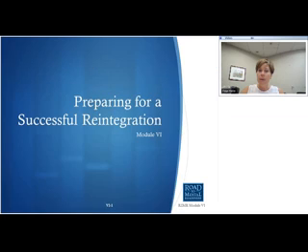So then what we would do is move right into preparing for a successful reintegration. What this last module is doing is putting it all together and trying to end our package on a positive, helpful note that allows family members to look at all the information that we've talked about, customize what their individual action plan is going to be, and then end it in a very positive way.